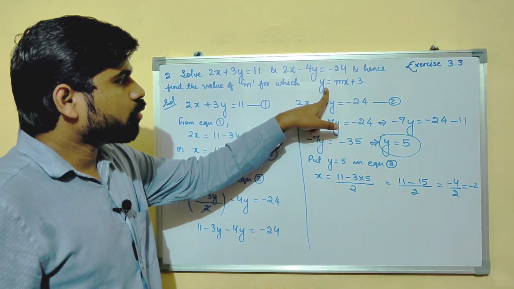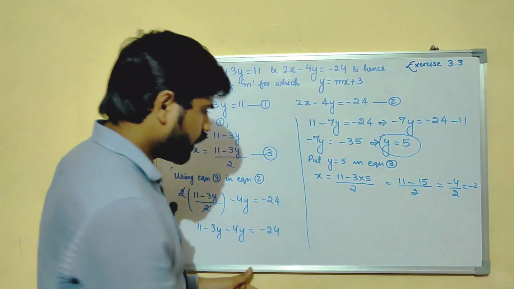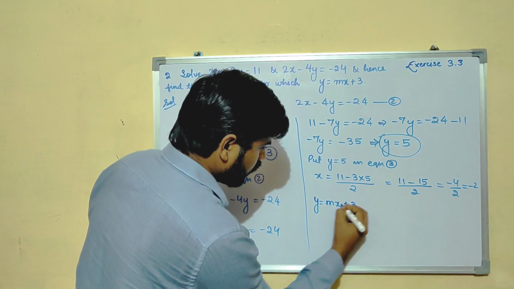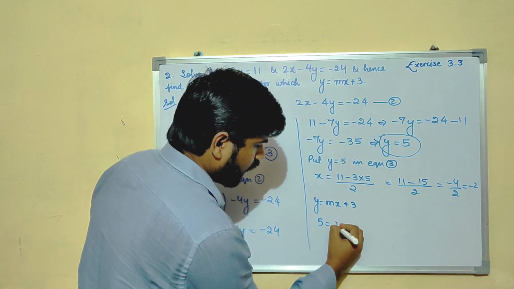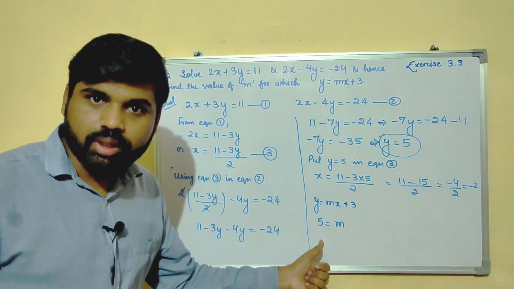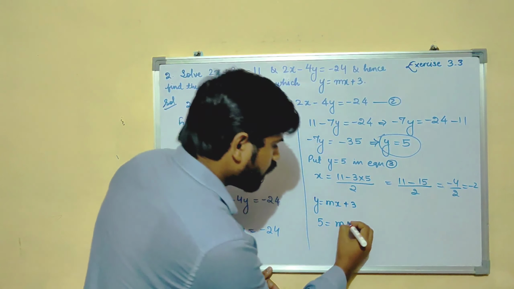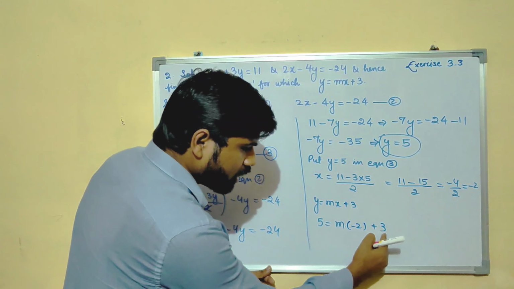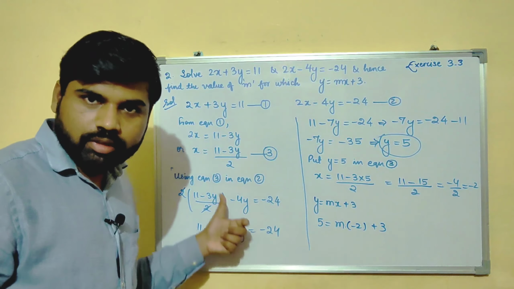Let us substitute the value of y and x in the given equation. y equals to mx plus 3. Here y is 5 and we need to find the value of m here, and the value of x is minus 2, then plus 3. Simplify it. This 3 will be transposed to the left hand side.